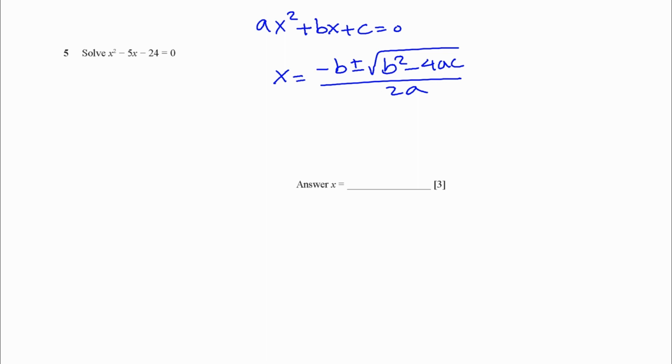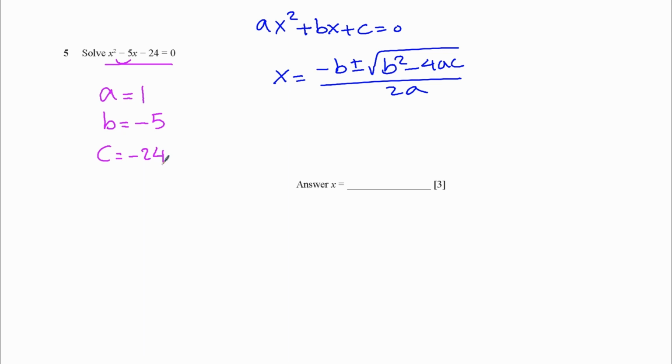Based on this, in here we have a equals 1, b equals minus 5. It's very important that this is b equals minus 5, not just 5. And c equals minus 24. Again, you have that minus 24.